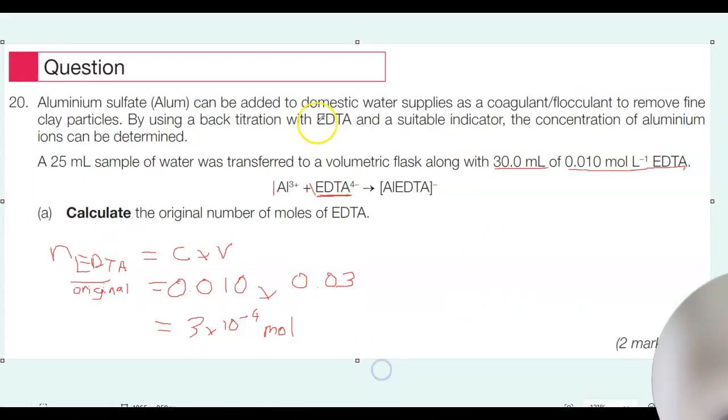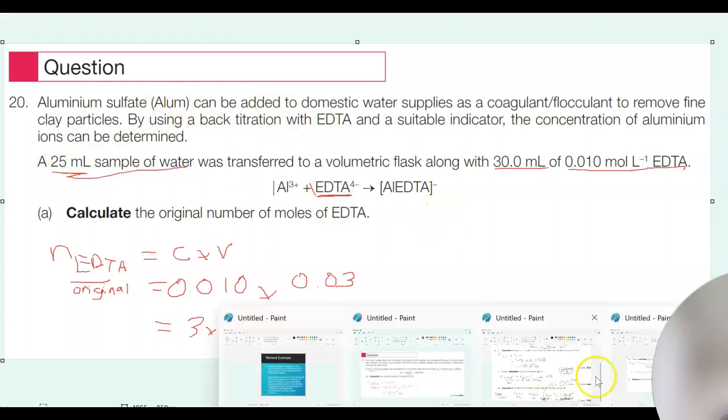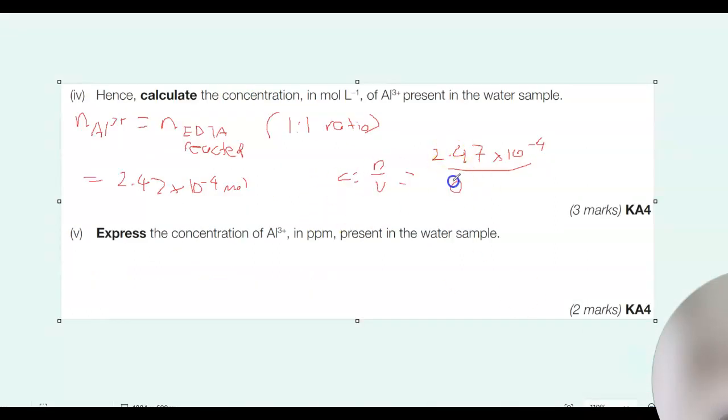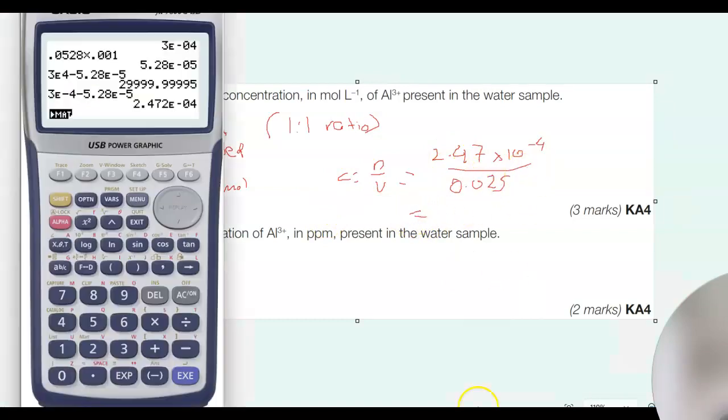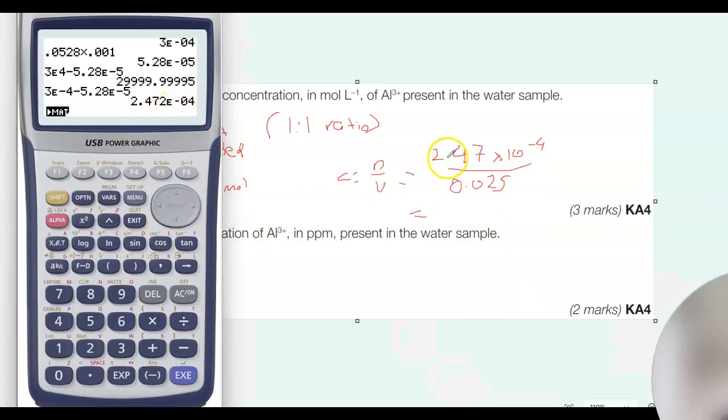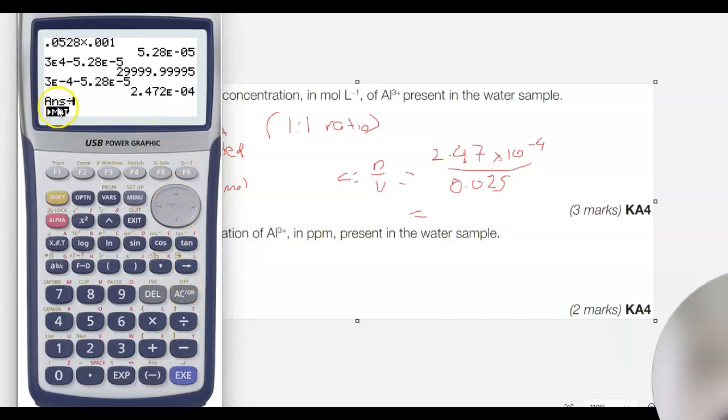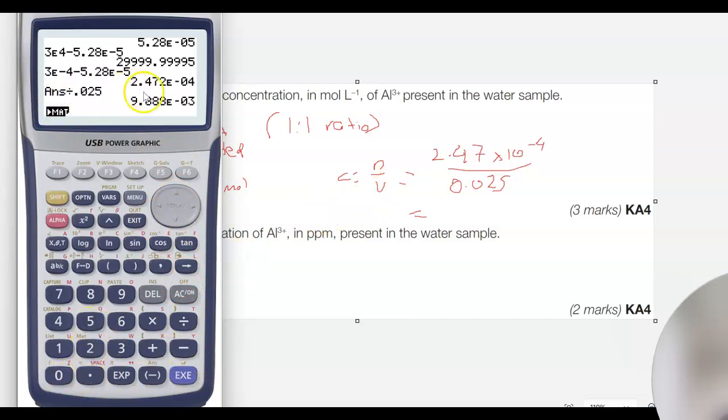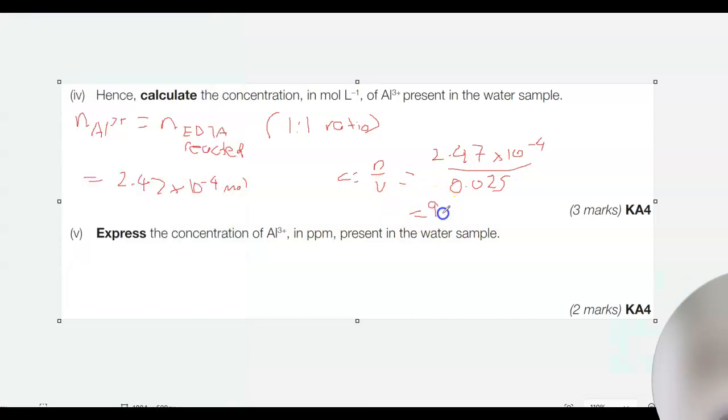Now from memory that was 25 mil. Yep, 25 mil sample of water. So that's going to be 0.025 litres of water. So remember we keep that answer in the calculator because I rounded it off here. So we keep the whole number there to make it more accurate. And we just go answer divided by 0.025, which is 9.89 times 10 to the negative 3 moles per litre.